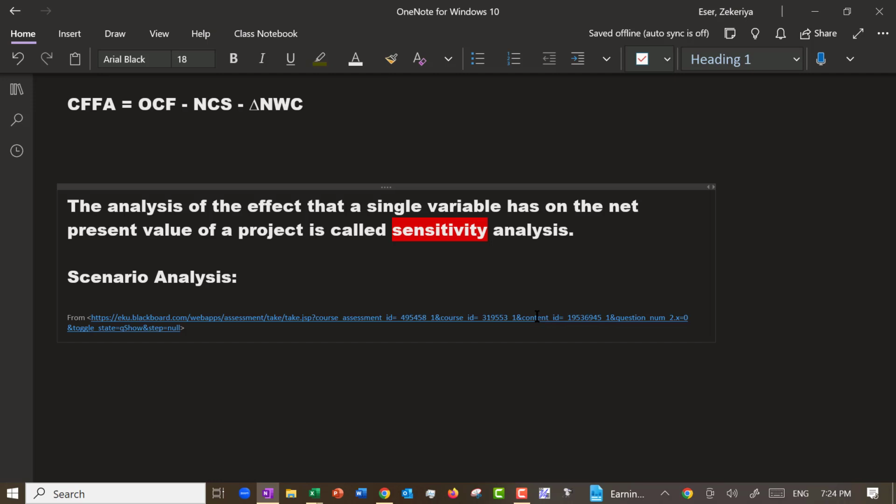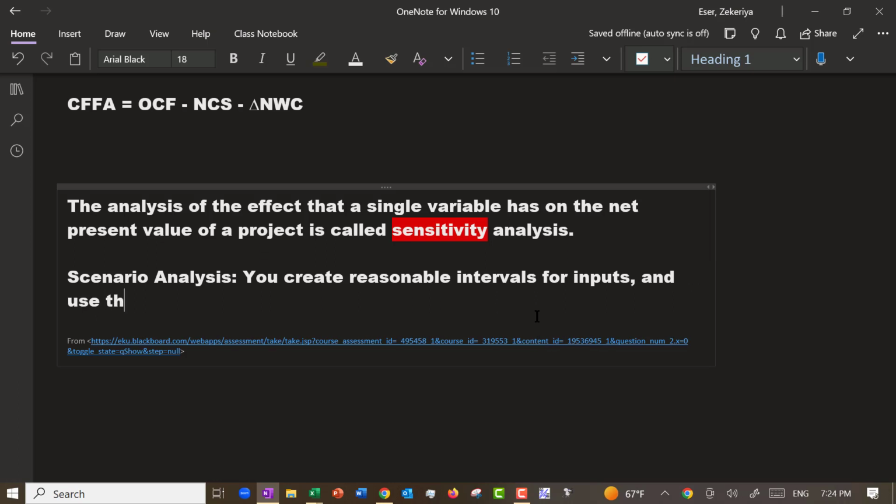So what you do in scenario analysis, you create reasonable intervals for inputs and use the positive ones for best case and negative ones for worst case.